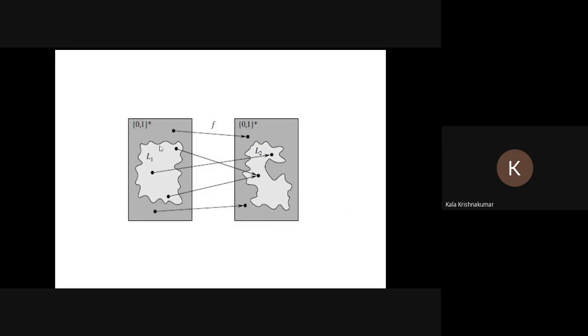L1 contains some strings that are represented by this shape, and L2 contains another set of strings. So for each string in L1, suppose we apply this function f, you will get another string that is a member of this language L2.